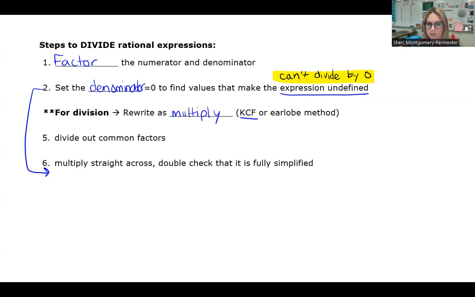And we will do KCF or earlobe method. KCF is keep, change, flip. We will keep the first fraction. We will change division to multiplication.